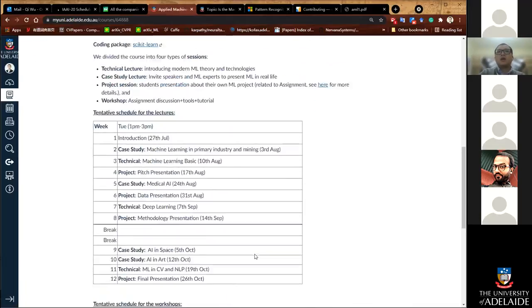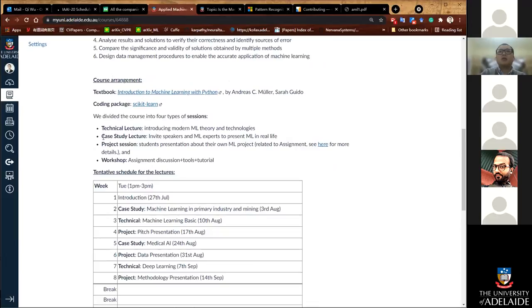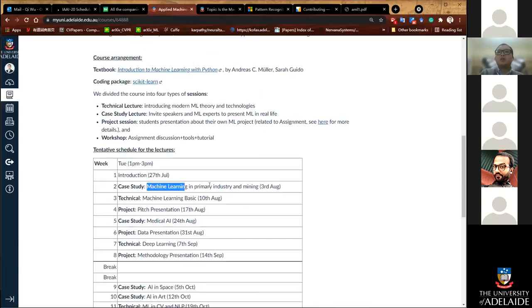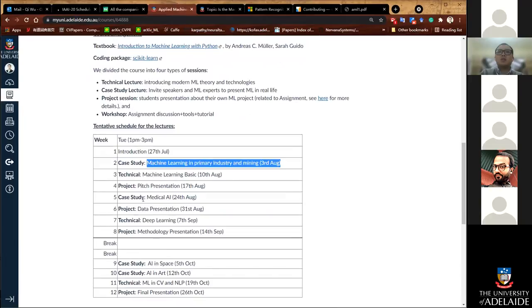And the second type, which is actually the most important one in this course, is called case study lecture. We will invite speakers and machine learning experts to come here to present how they use machine learning tools in real life. The first case study is about machine learning in primary industry and mining. The second case study is about medical AI, which is also a very hot topic in AI.